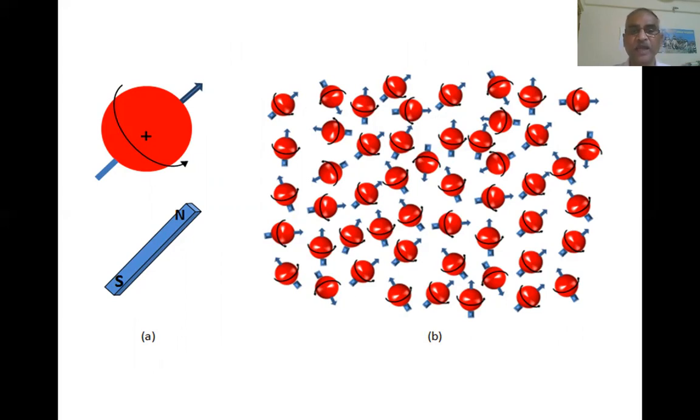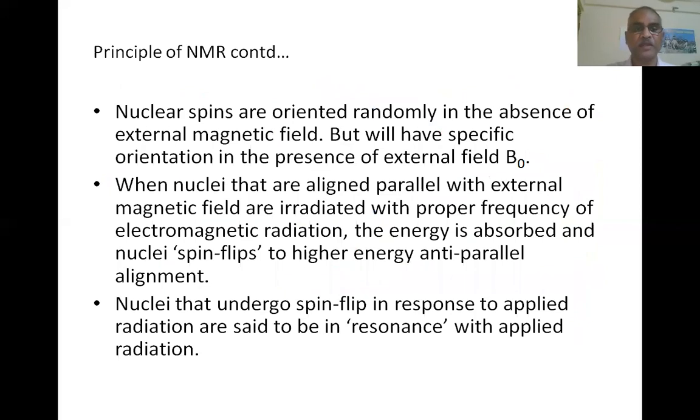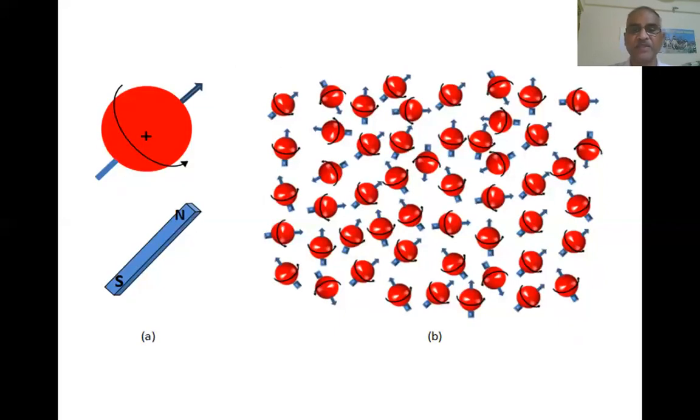They are oriented randomly in the absence of an external magnetic field, but will have specific orientations in the presence of a field. When you apply a field, all these randomly oriented spins get aligned.